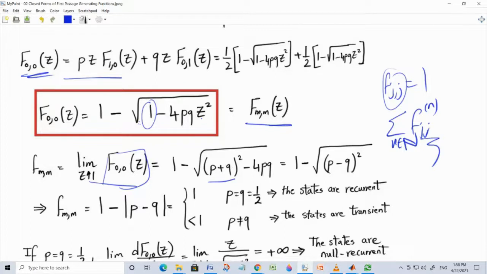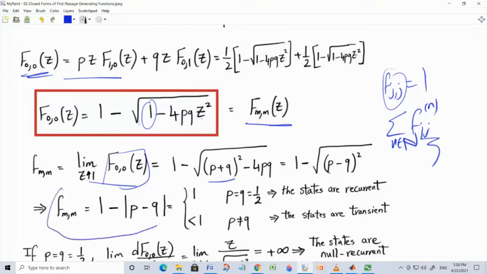Then we have (p+q) squared minus 4pq, which is (p-q) squared, and so when you take the square root, it will be the absolute value, because generally we don't know which is bigger: is p greater than q, or is it the opposite? And of course, for the simple random walk, this will be 0.